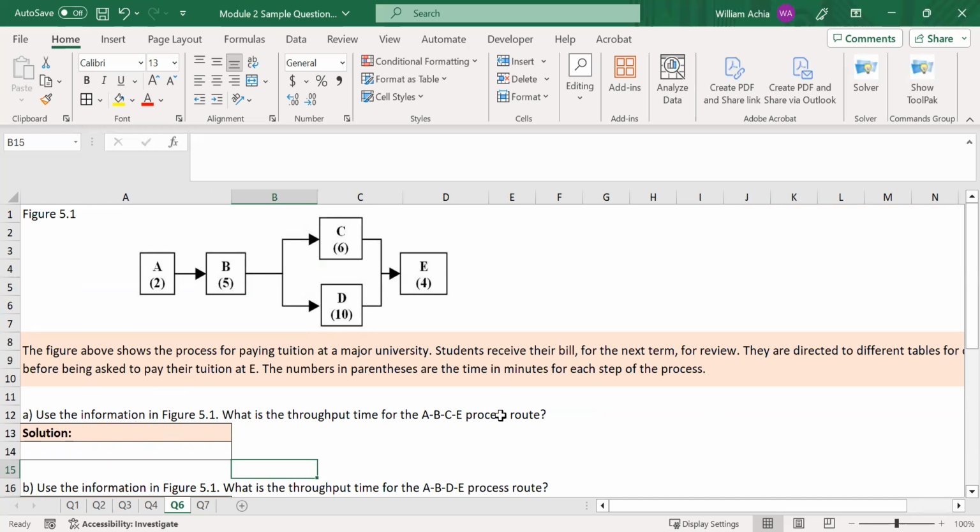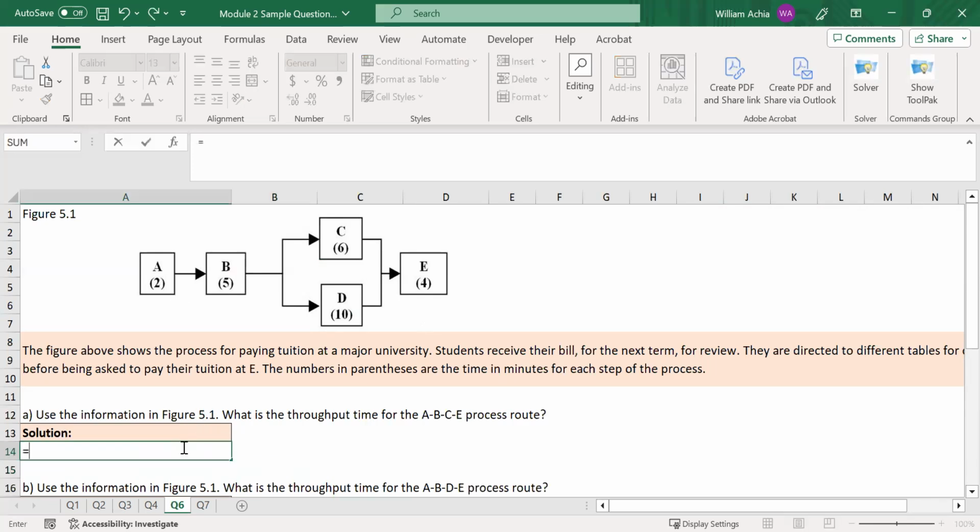Throughput time is just how much time a student would take if they walked in and started off at workstation A, went to B next, then went to C, then finished off at workstation E. The total amount of time is the time given in parentheses here. So this would equal 2 plus 5 plus 6 plus 4.